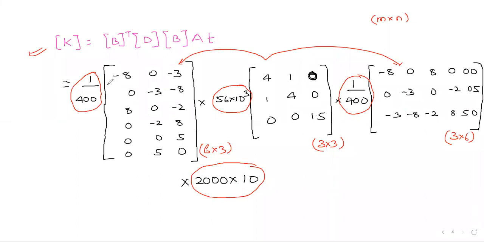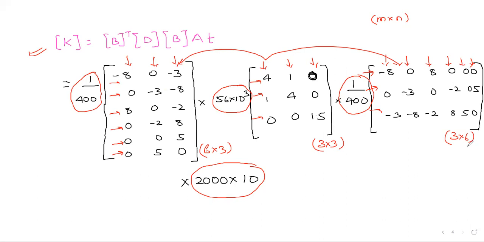Here the number of rows is 6: row 1, 2, 3, 4, 5, 6. How many columns? Column 1, 2, 3. So 3. Similarly here, rows 1, 2, 3, columns 1, 2, 3, so 3 by 3. Here, rows 1, 2, 3, columns 1, 2, 3, 4, 5, 6.